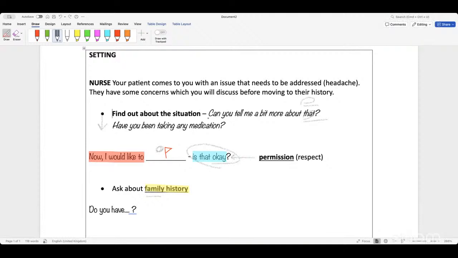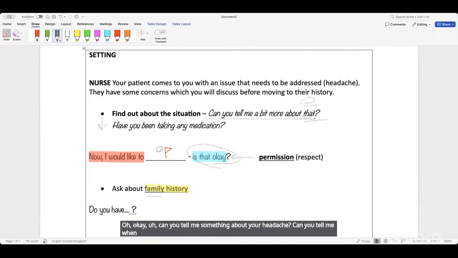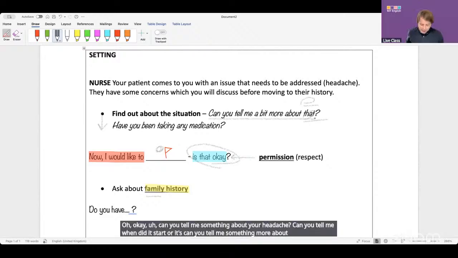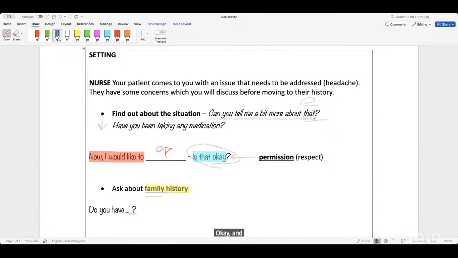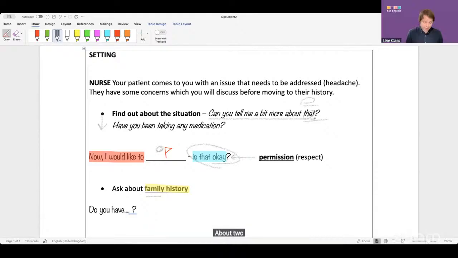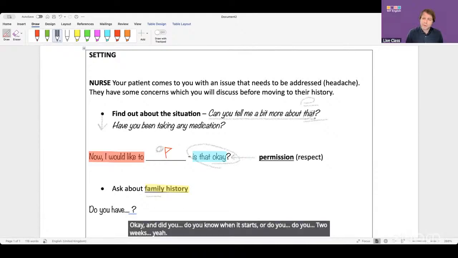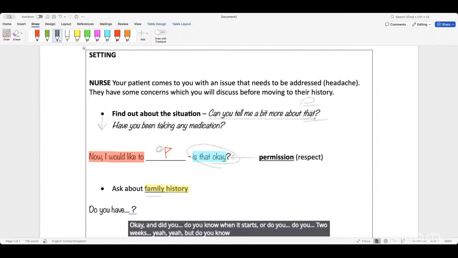Oh, okay. Can you tell me something about your headache? Can you tell me when did it start? Yeah, it started about 2 weeks ago, and I'm really not sleeping very well. It's very severe. Do you know if there is any trigger situation?